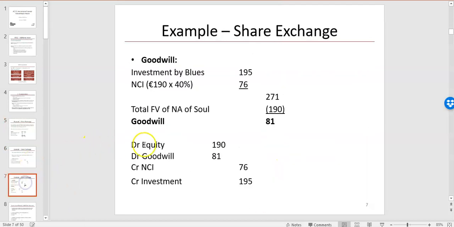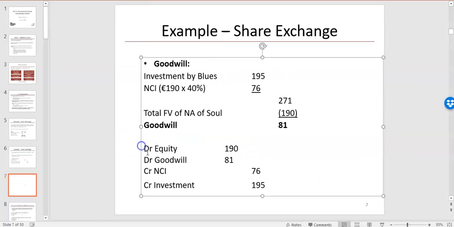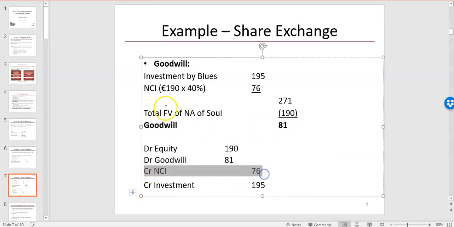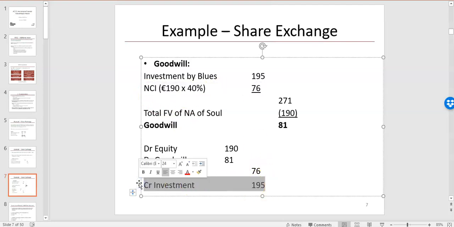We have just shown that as a single figure, but that would actually be debit share capital and debit retained earnings. You create the goodwill for the first time, 81. You create the NCI for the first time, 76, and you remove the investment as that's no longer needed. What you've done instead is you've brought in the net assets of the subsidiary.